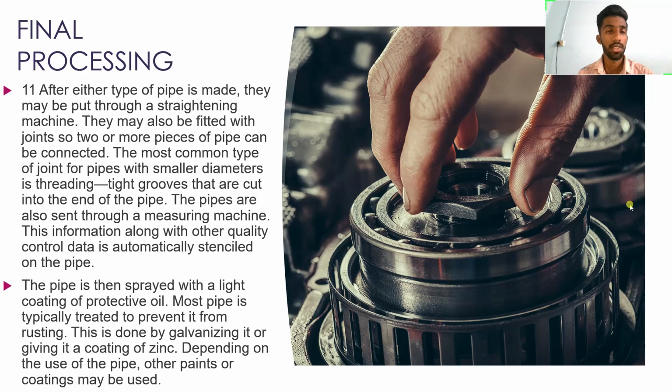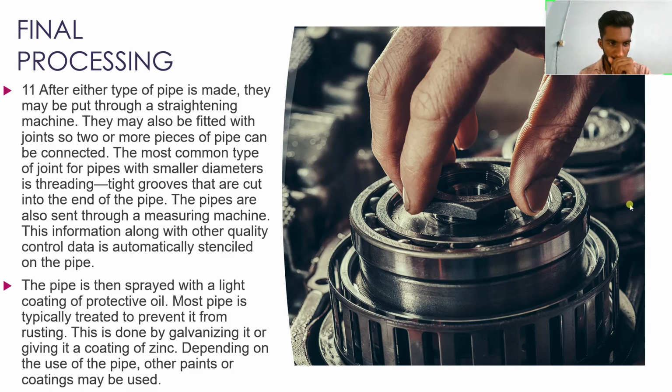Final processing. After either type of pipe is made, it may be put through a straightening machine. They may also be fitted with joints so two or more pieces of pipe can be connected. The most common joint for pipe with smaller diameter is threading, tight grooves that are cut into the pipe end. Pipes are also sent through measuring machines.